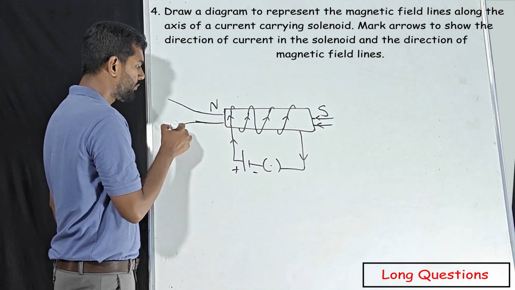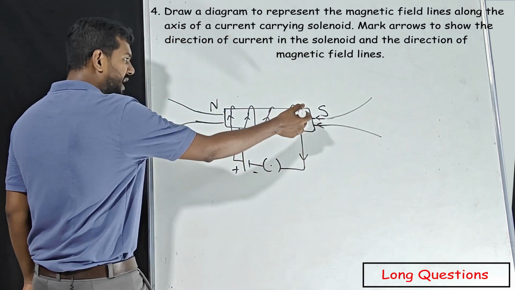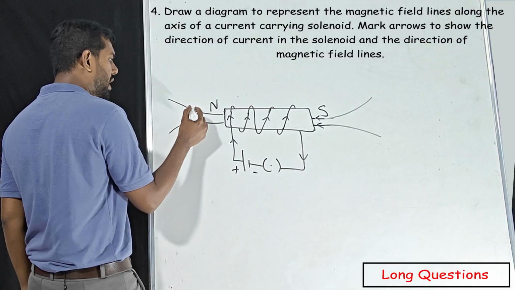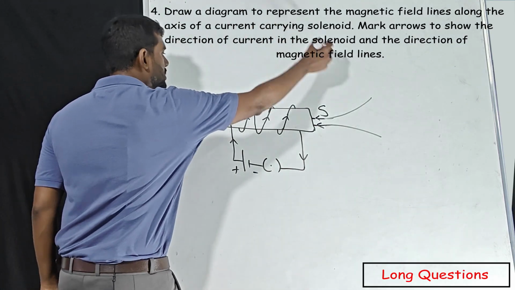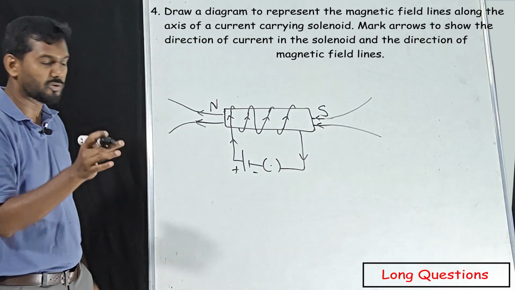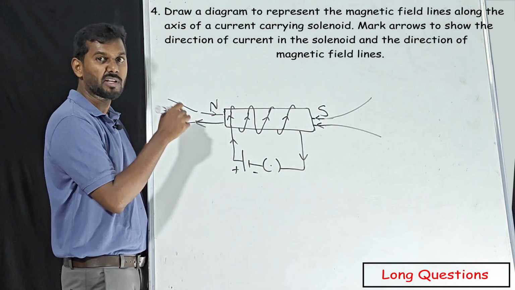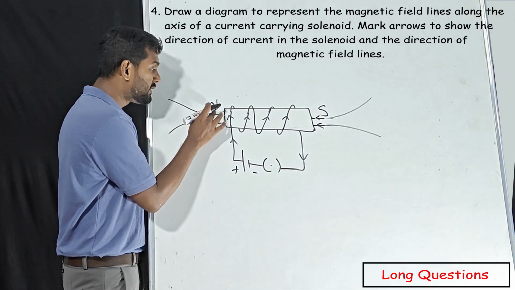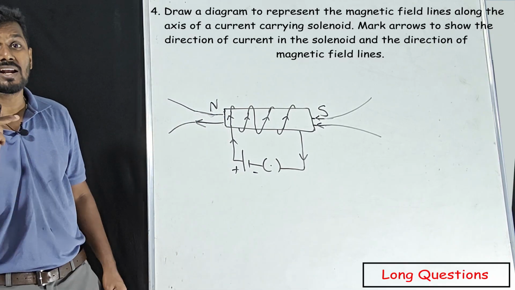Then it goes out and extends; outside it goes from north to south. This is very important. Few students will write the arrow marks like this because they know it is always from north to south, but the important thing is whether it is inside the bar magnet or outside.